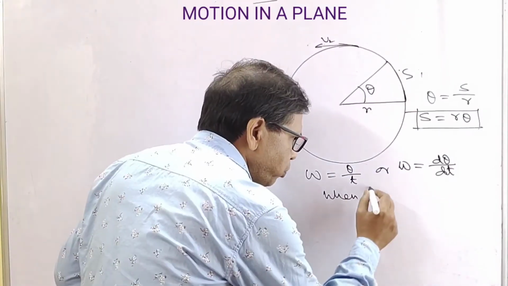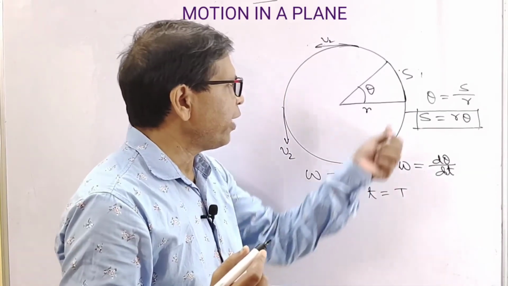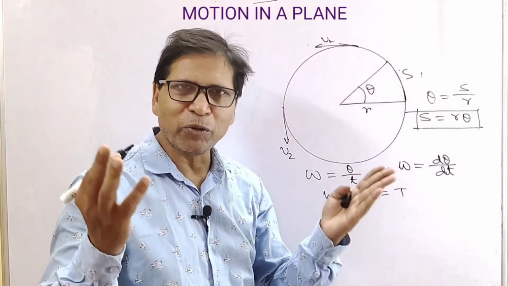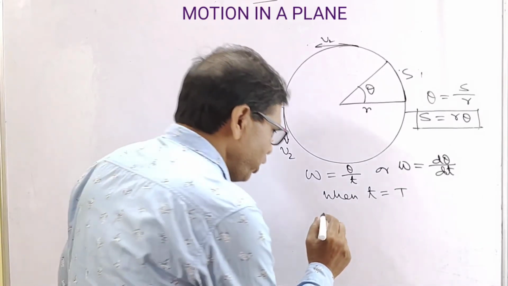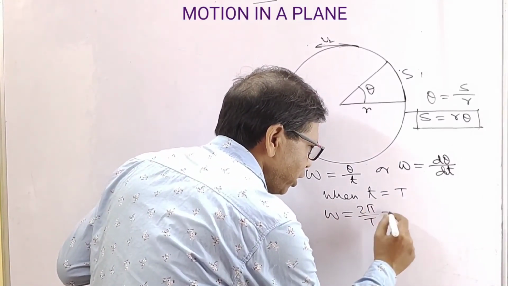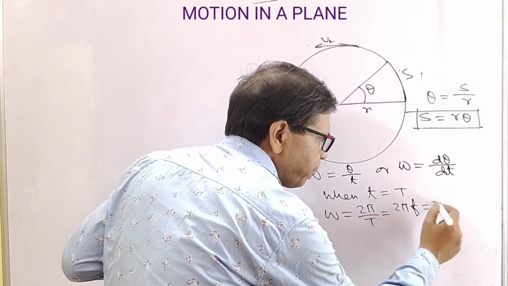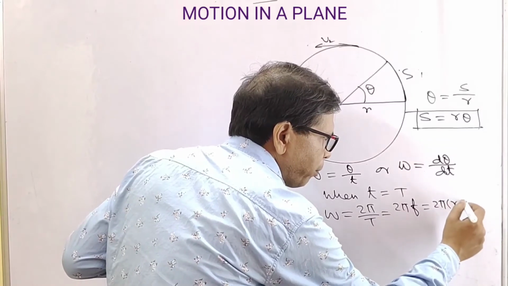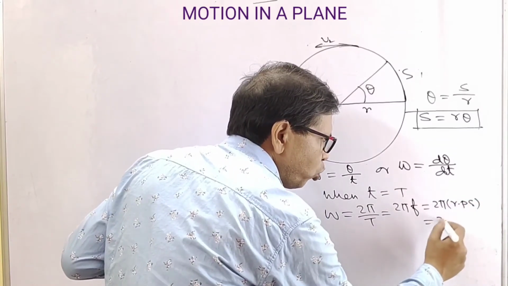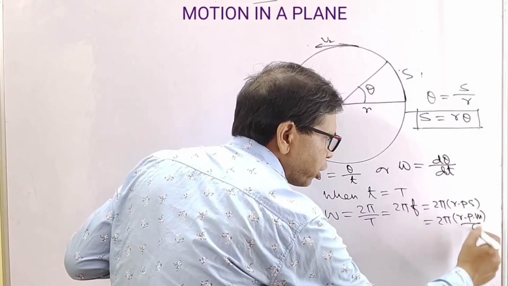When small t equals capital T, that is 1 period, the angular displacement is 2 pi. So in this case, omega equals 2 pi by T, which is 2 pi times the frequency, equals 2 pi into RPS, equals 2 pi into RPM divided by 60.